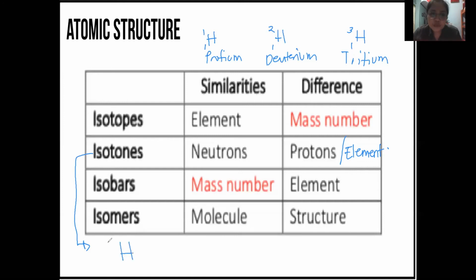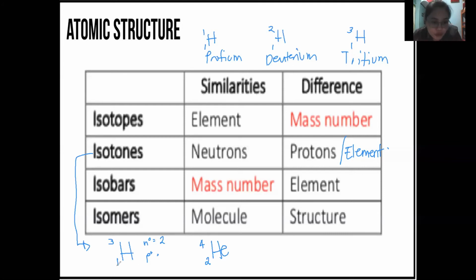Si tritium, ganito. Tritium ito ha. And then, si helium, this is another element. We have 4, 2. Kung titingnan natin, ang neutrons nito, 3 minus 1, it's 2.